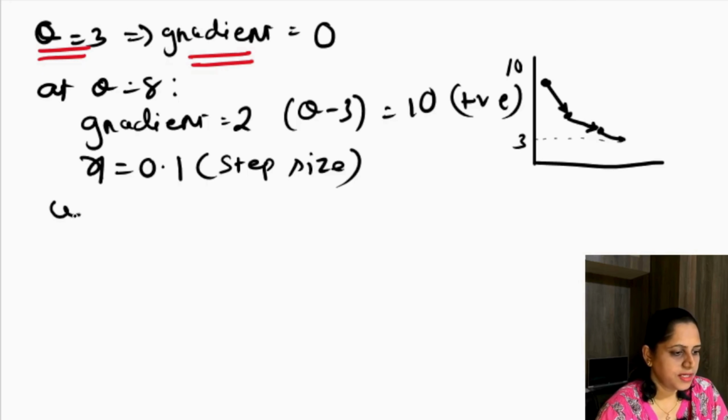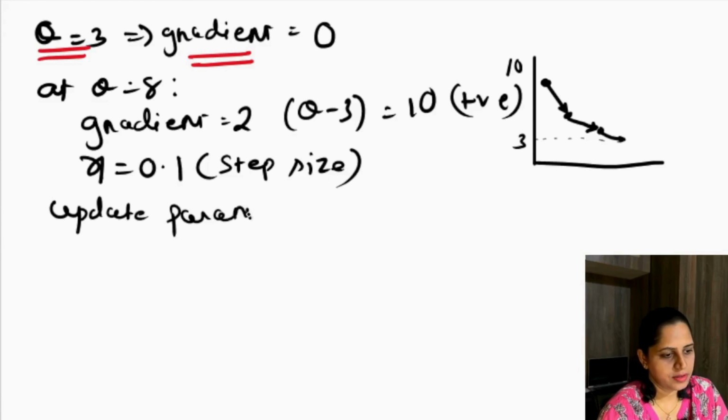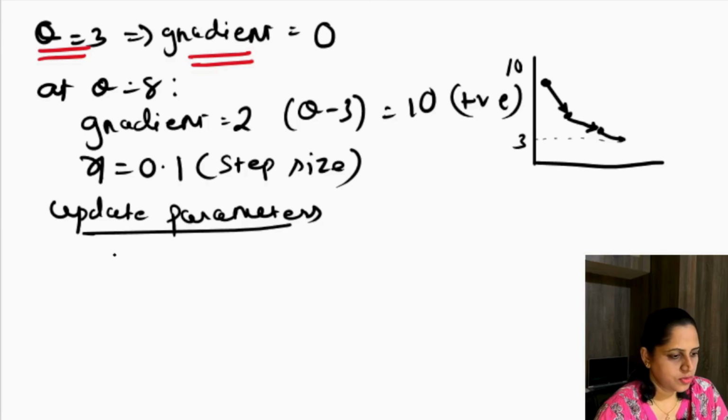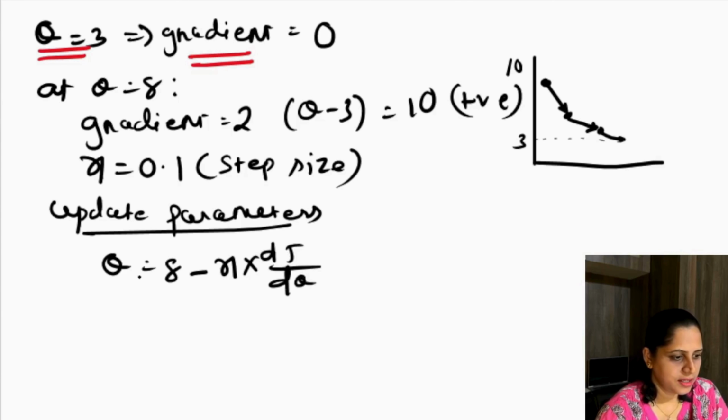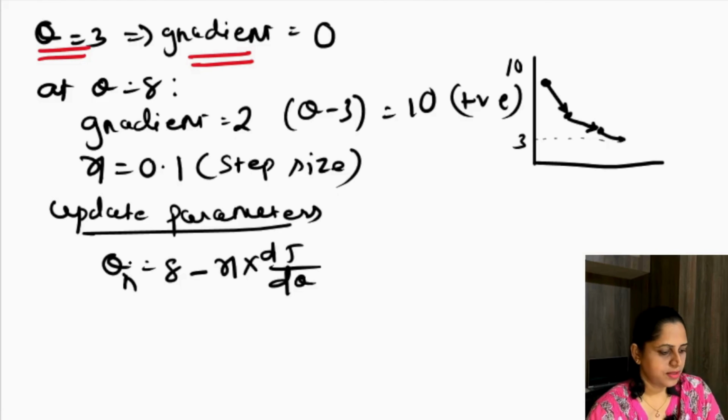Now we will update parameters. So what will be my formula for that? We know theta new equals theta old minus learning rate into dJ by d theta, right?